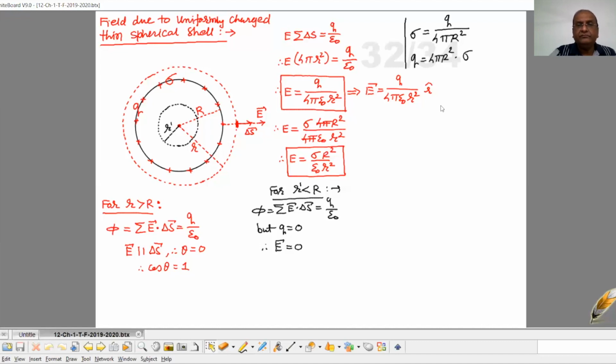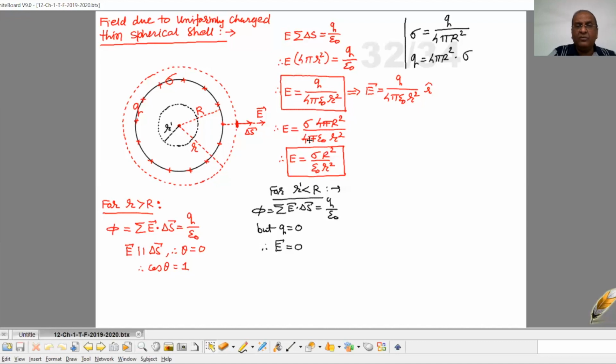Now, Q is the total charge residing on this particular spherical shell. If you want to write the answer in terms of surface charge density, then total charge is charge per unit area into total area. So sigma into 4 pi capital R square is your Q, upon 4 pi epsilon 0 small r square as it is.